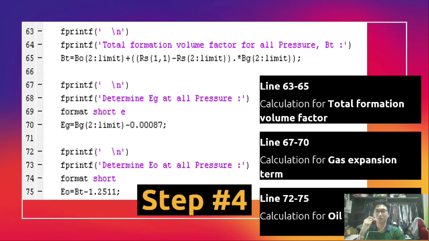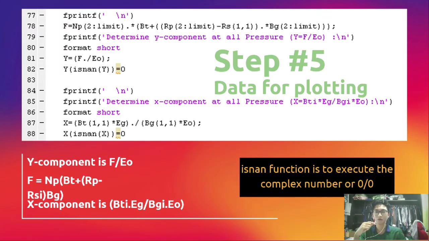For the initial value, we set the function to position 1,1. For the values for all pressures, we only consider them from the second data point up to the data set by the limit. Then we calculate the data for plotting.